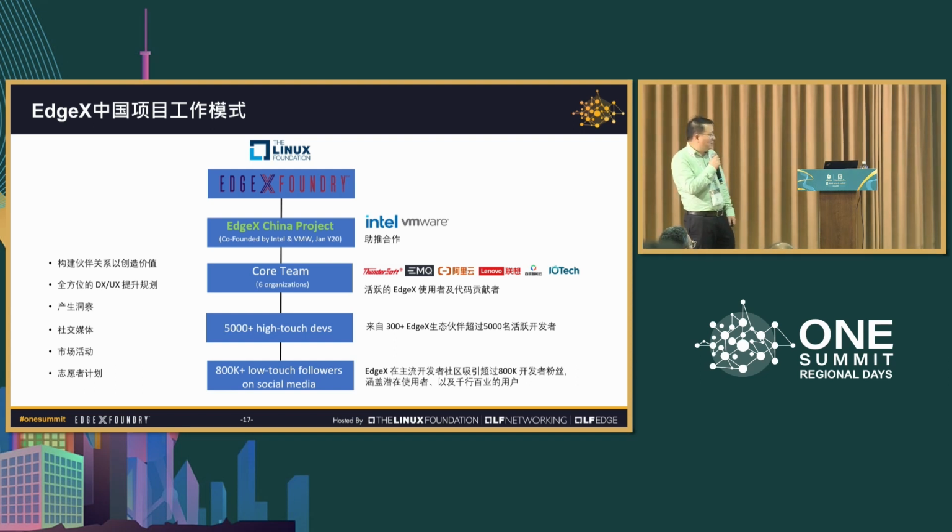Also on Open Source China, there are a large number of low-touch followers because EdgeX has built a Git repository in China. All visitors of Git are recommended to follow EdgeX, so you can see there are 800K low-touch followers. This is the architecture of the EdgeX China project community.